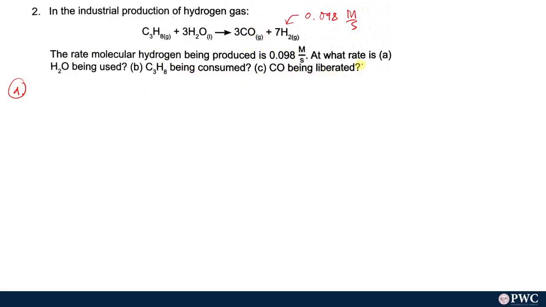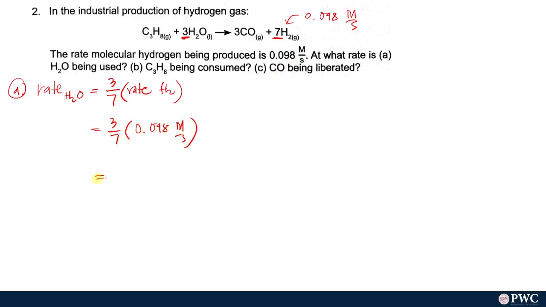Again, A, the rate of H2O being produced. So if we look here, the rate of H2O compared to H2, that's 3/7. So that's 3/7 times, again, the rate of the given. We have the rate of H2 or hydrogen gas, again, 3/7 times 0.098 molar per second.